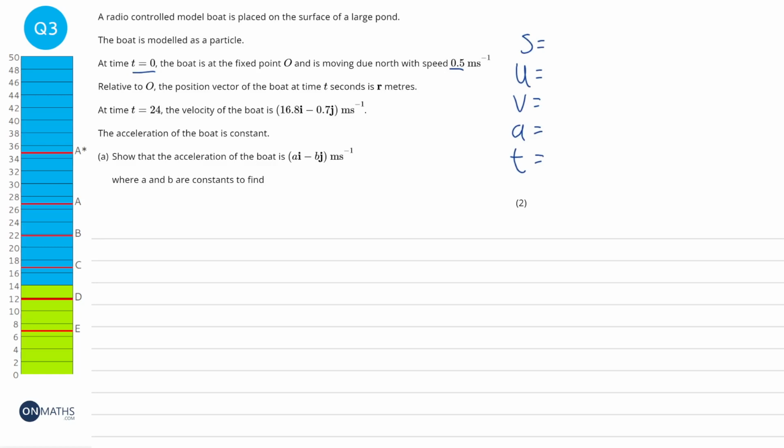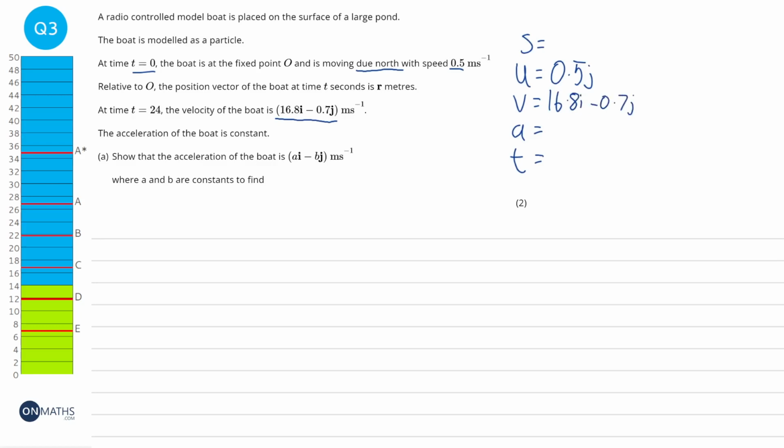We've got to be careful here because it's moving north, so that would be a j component, so it would be 0.5 j for the initial velocity. The final velocity is going to be 16.8 I minus 0.7 j.